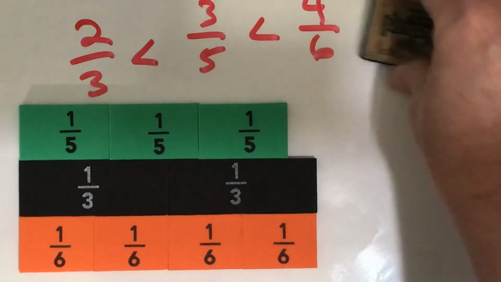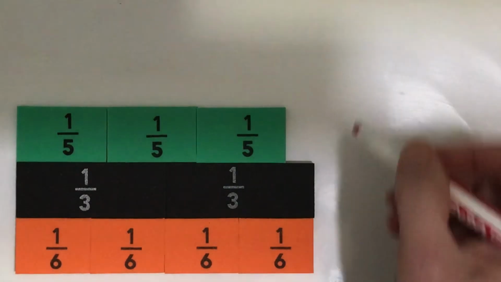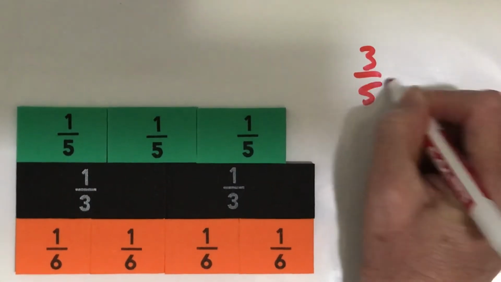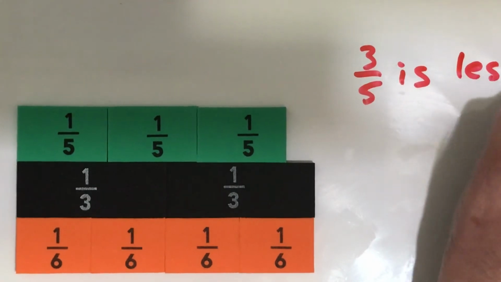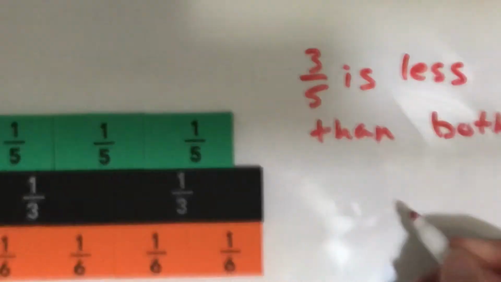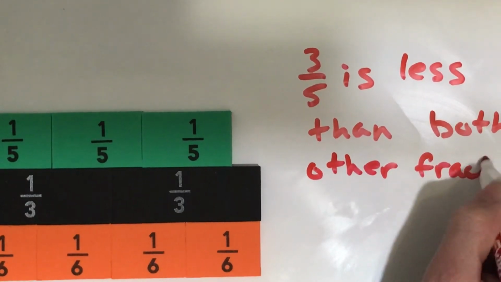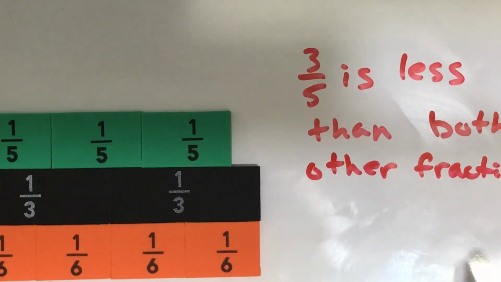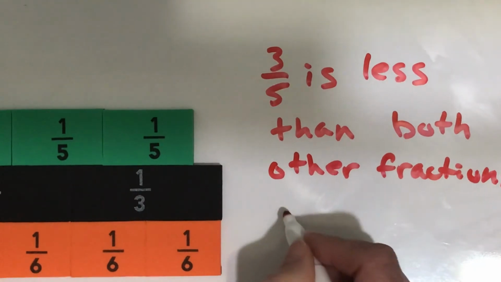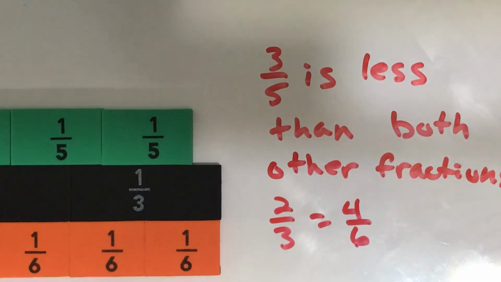So no, Grant is not correct, because 3/5 is less than both other fractions, and because 2/3 is equivalent to 4/6. So 3/5 is the smallest one, not 2/3, which is what he said.